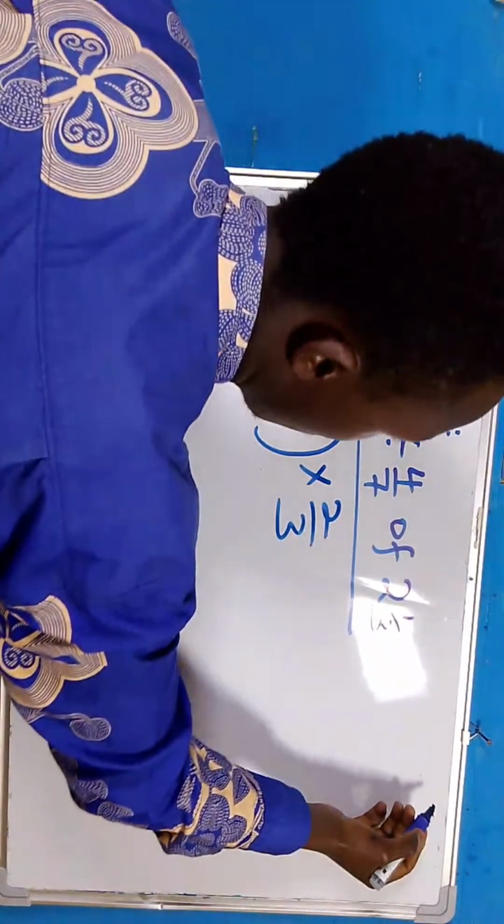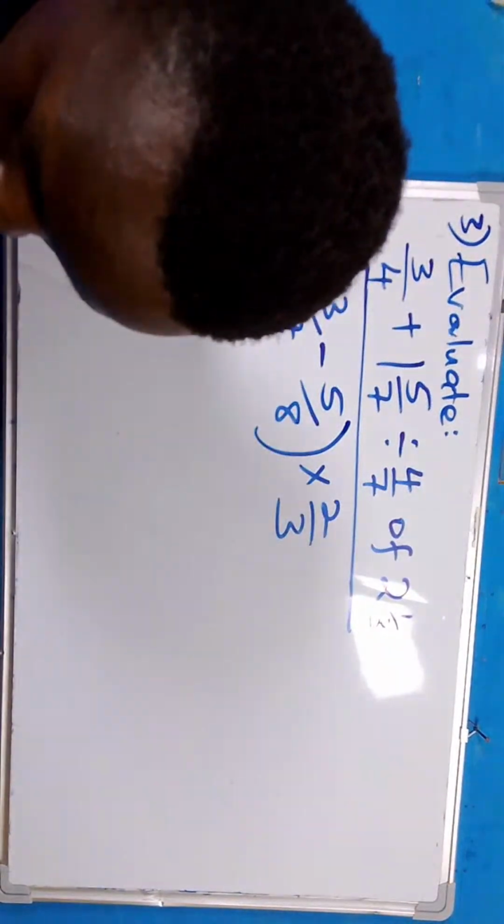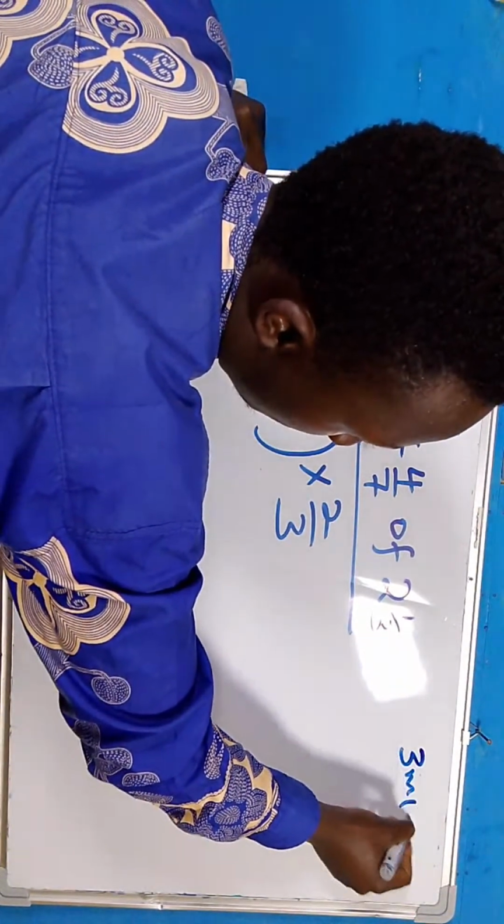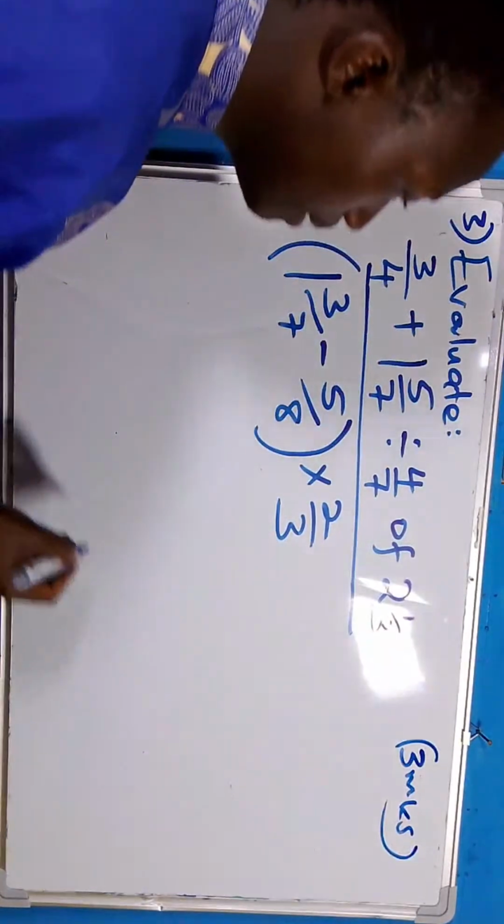So that is a question, and these are KCSE questions. This question has 3 marks.